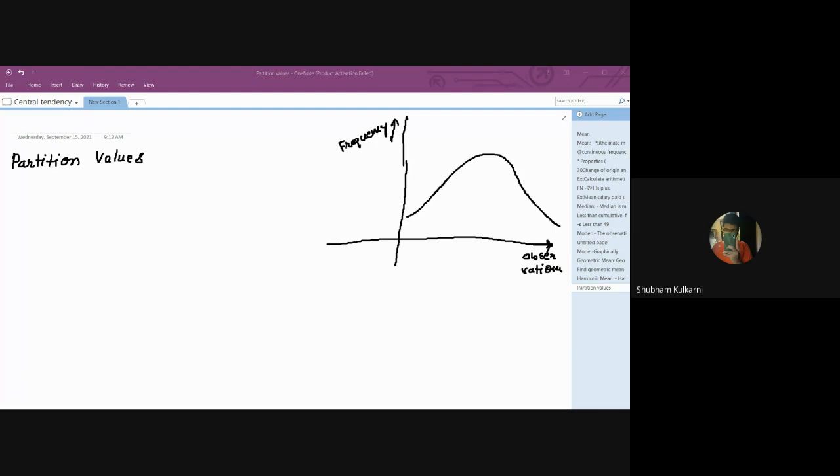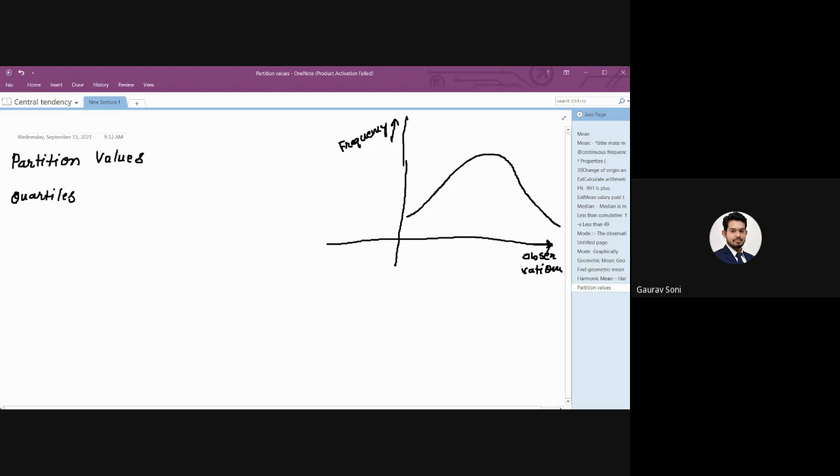So two parts. The median actually divides your observations into 2 parts. Now what I'm trying to do is divide this total observation into 4 parts, and that will be known as the quartile.